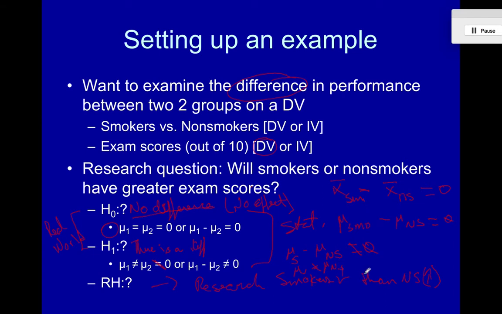So mu smokers is not equal to mu non-smokers, and the difference between them is not equal to 0. Okay, that's ultimately what it's going to predict for us in terms of the alternative hypothesis. So my research hypothesis is that smokers and non-smokers are not going to be equal to each other. So I'm saying that they are different from each other. So I'm saying that smokers are going to perform worse than non-smokers.